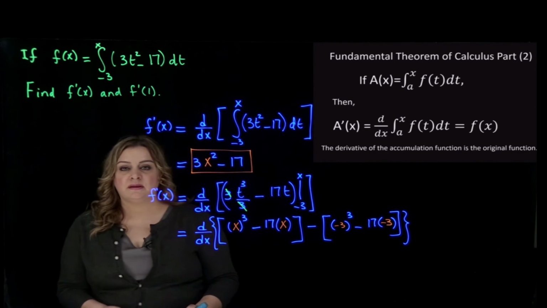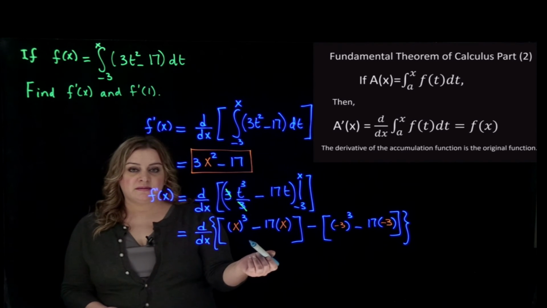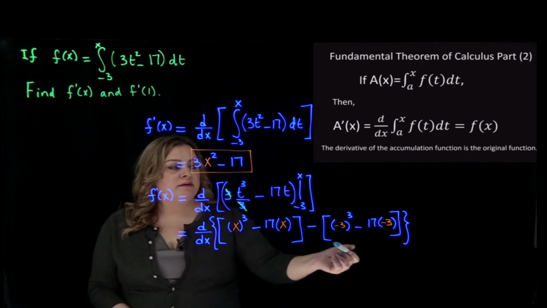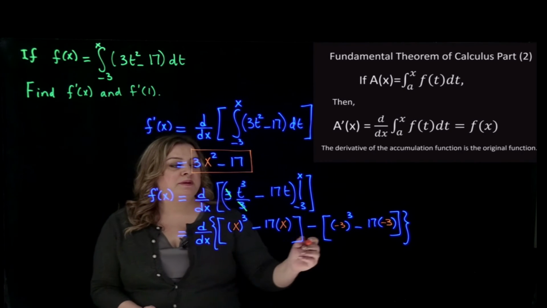What we want to do now is find the derivative with respect to x, but we notice that here the two terms don't have x, so this is going to be a constant.